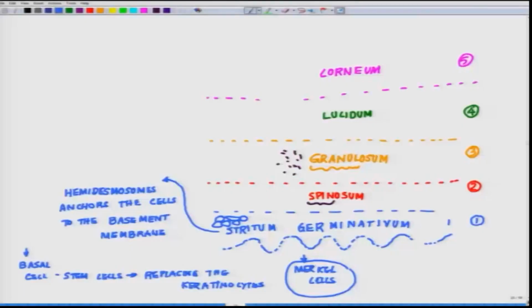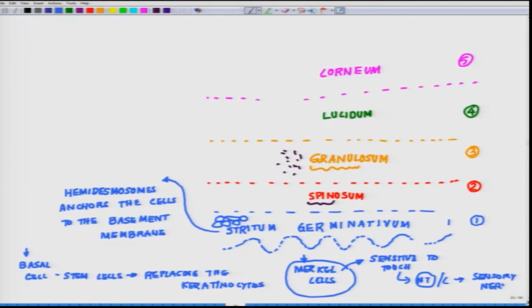This is how you have to remember it: Merkel cells are specialized cells present there, and they are very sensitive to touch. They secrete chemicals, or you can call them neurotransmitters, which stimulate the sensory nerves.